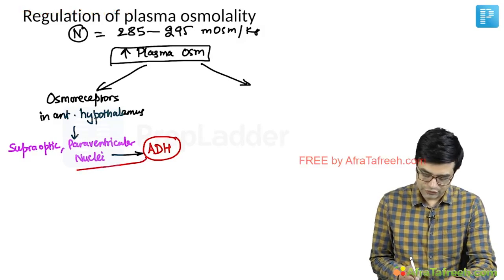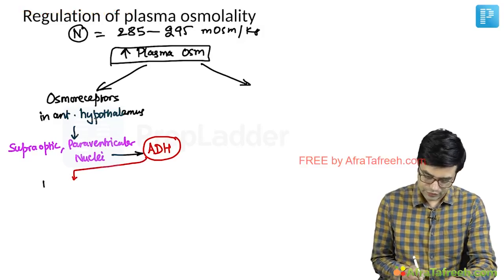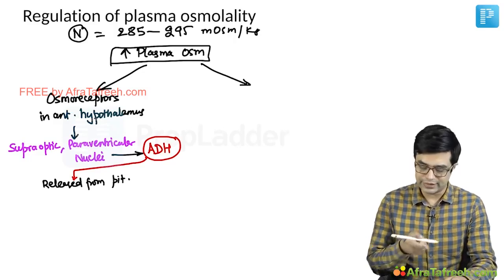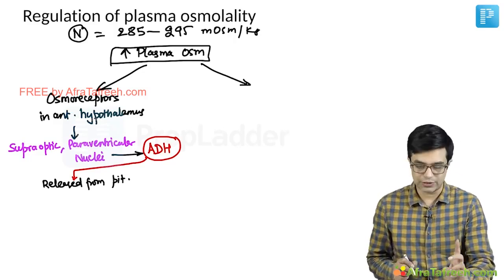This ADH will be released from the pituitary gland. So the pituitary only acts as a releasing area. Secretion formation occurs in the hypothalamus, right?